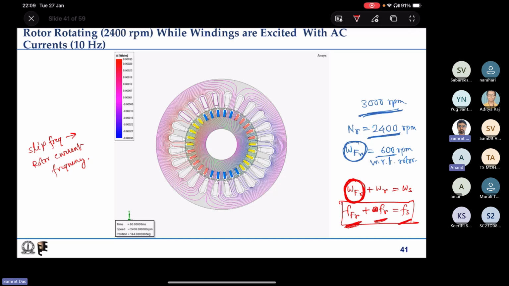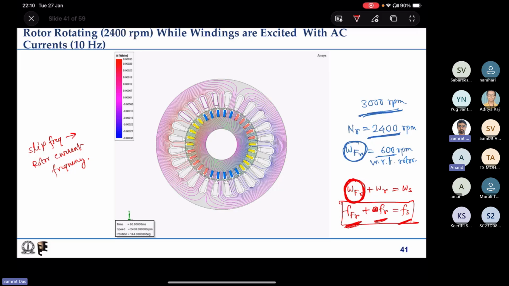But generally, in an induction machine, you excite either the stator side or the rotor side. No need to excite both, correct? Both sides also you can excite. There is something called the doubly fed induction machine, which is widely used in wind turbines. They are excited from both sides.